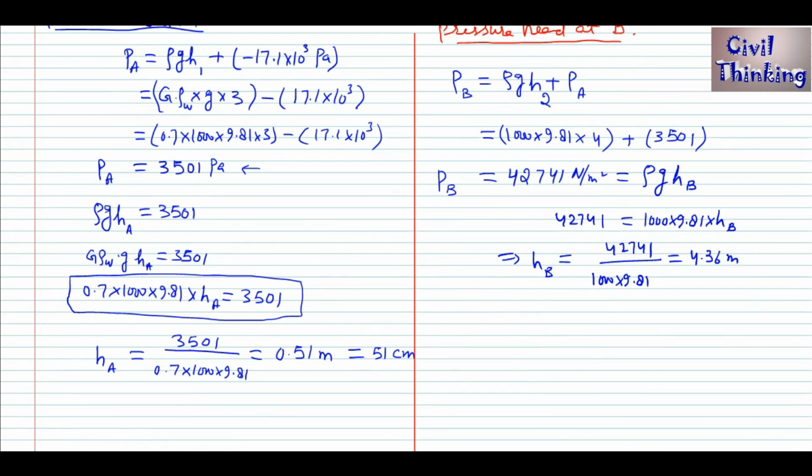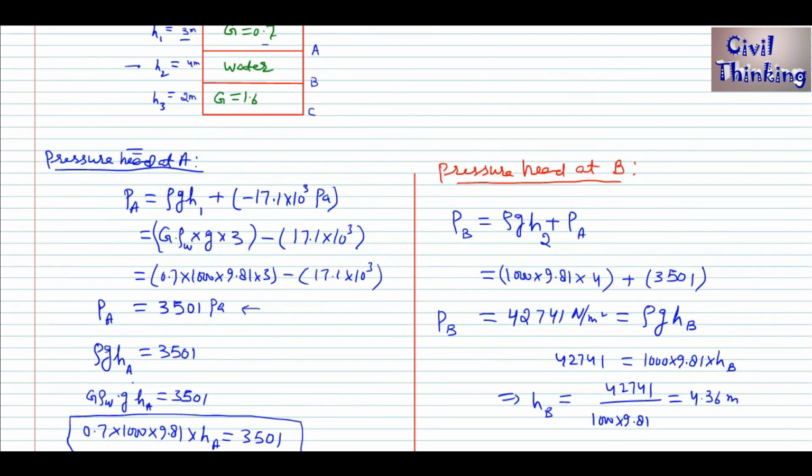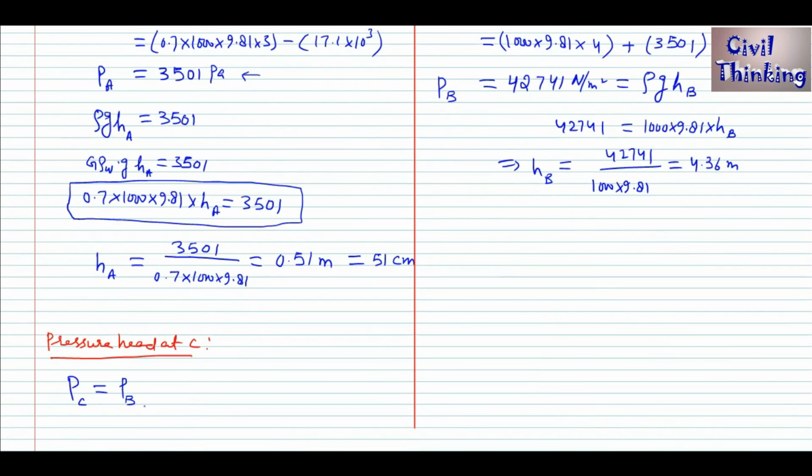Now we have the pressure at C. Let me find the pressure head at C. First, the pressure at C is equal to the pressure at B, because B is above it, plus rho G H3.